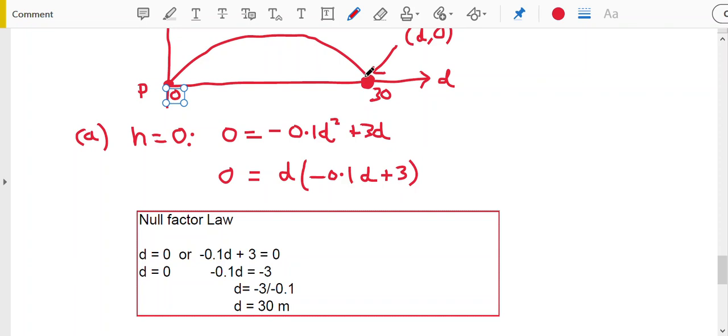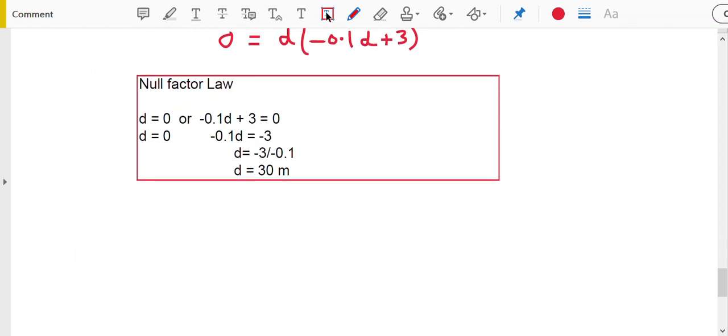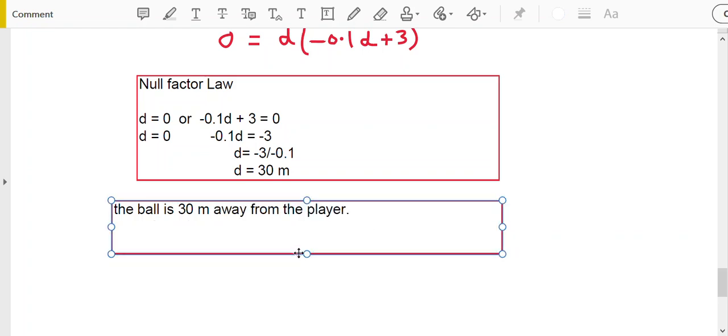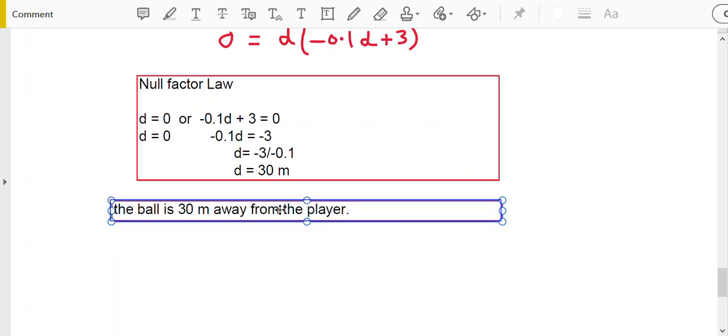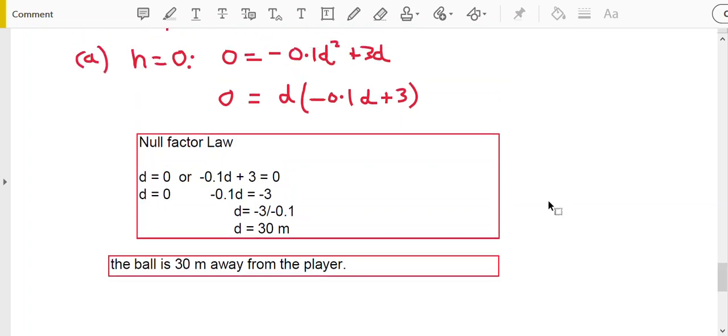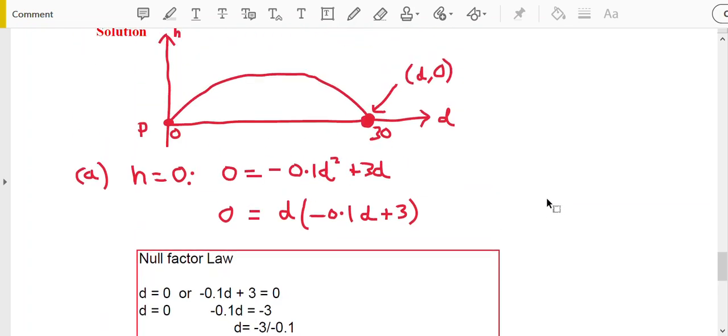So my final answer would be the ball is 30 meters away from the player. Just to interpret what our answer actually means. So the ball is 30 meters away from the player. So that's the answer to part A.